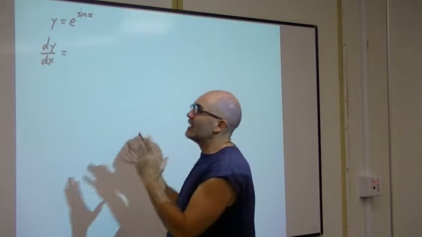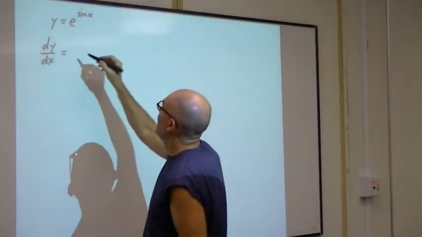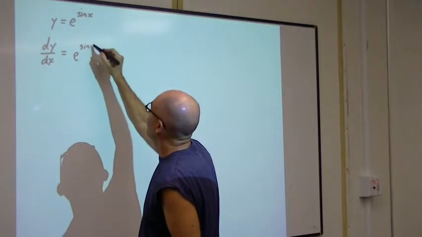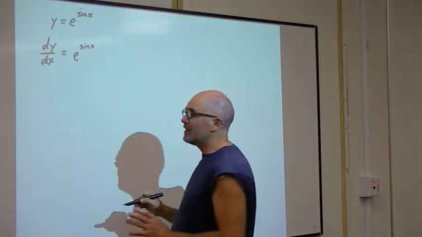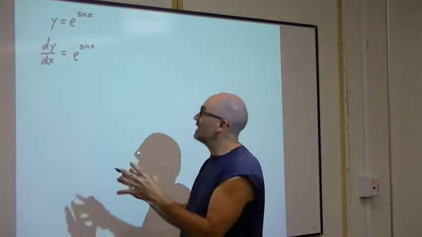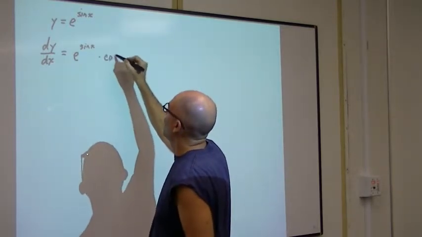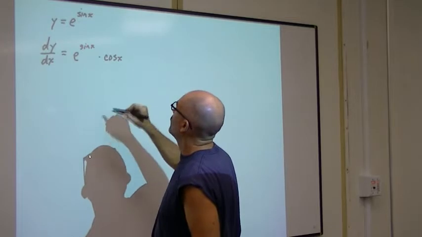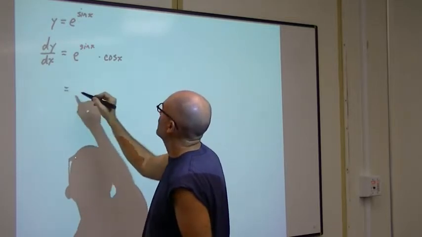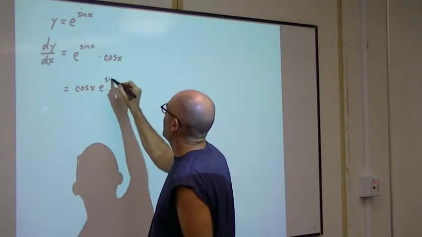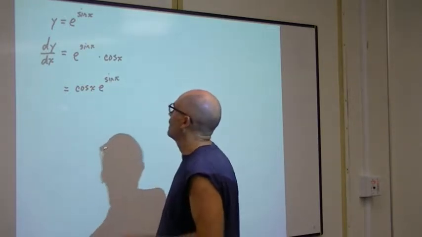So I treat that sine x as just a plain x, and I just go e to the sine x. Now I take the derivative of the inside of that function, which is sine x. What's the derivative of sine x? Cosine x. So the final derivative is going to be cosine x e to the sine x.